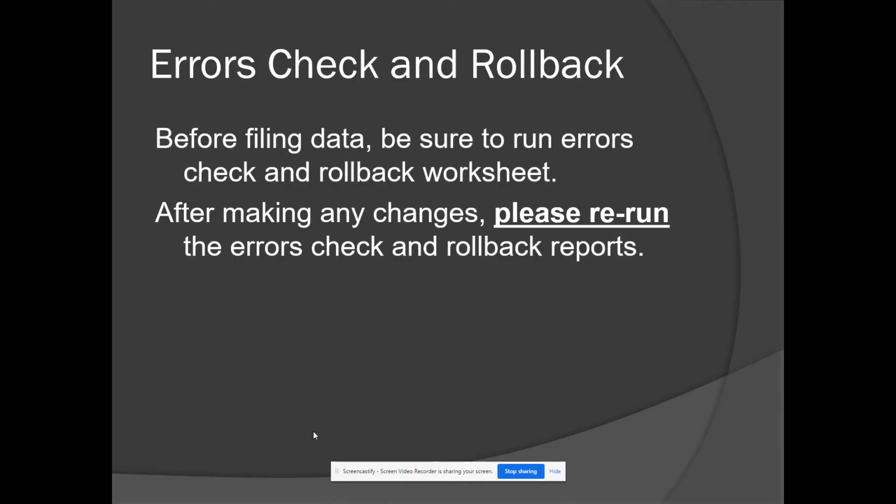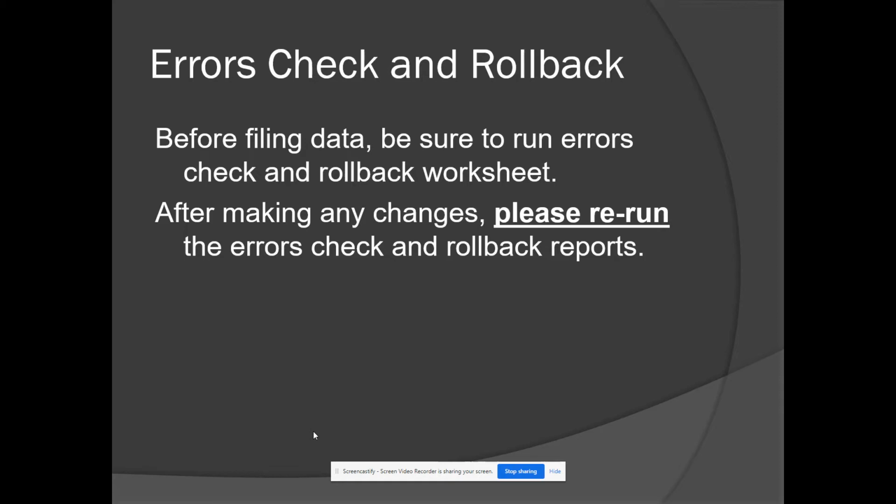So before you file your data with Department of Management and make it public, be sure to run your errors checks and also check your rollback sheet and make sure there's no large numbers on that sheet that cannot be explained. After making any changes, so if you go in and make some corrections, please rerun the errors check and rollback reports again, just to make sure that your data is in good shape and you don't have any issues.